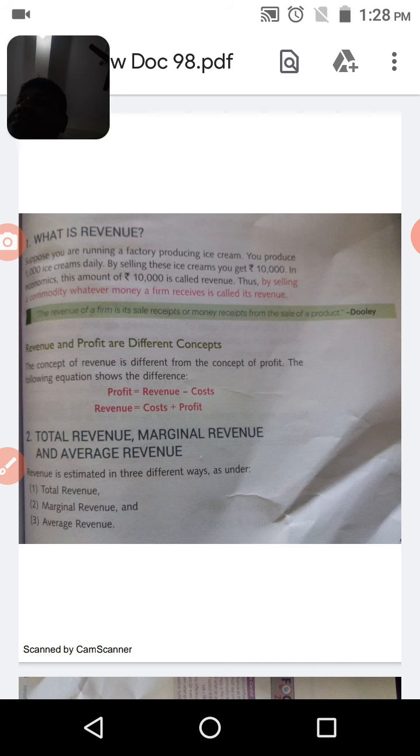Suppose, for example, you are running a factory producing ice cream. You produce 1000 ice creams daily. By selling this ice cream, you get 10,000 rupees.